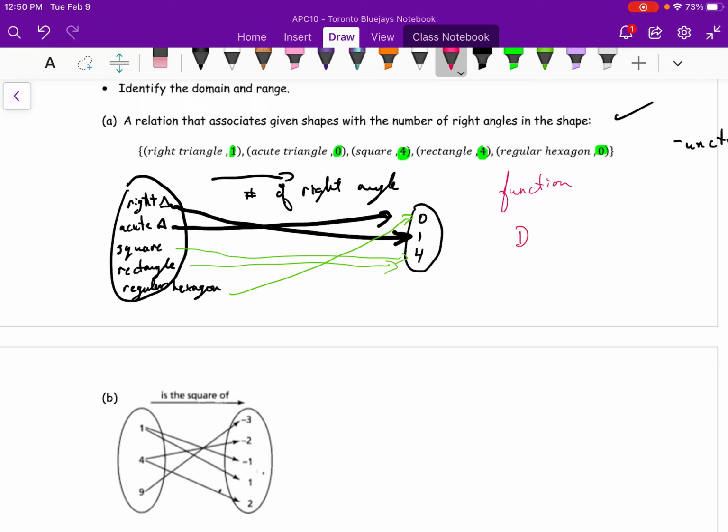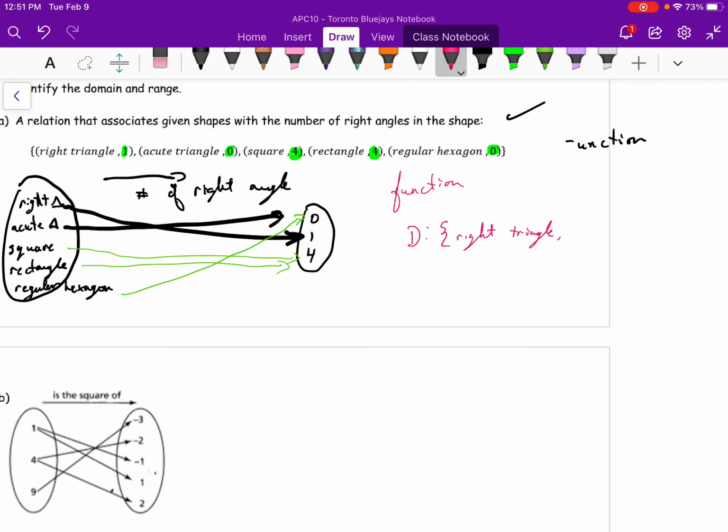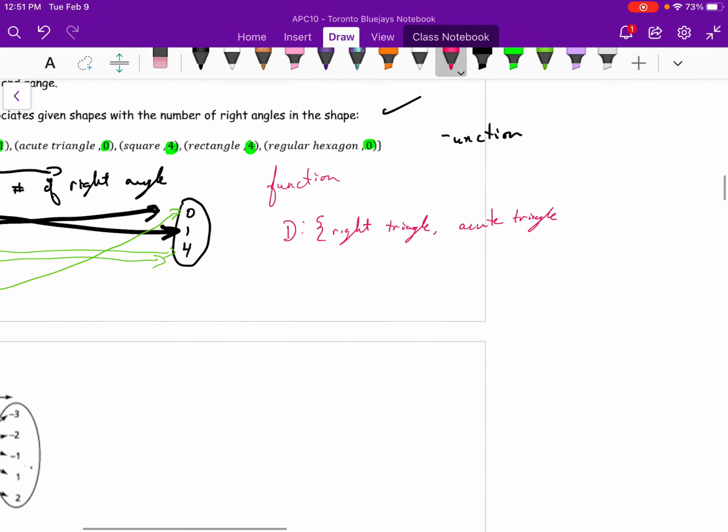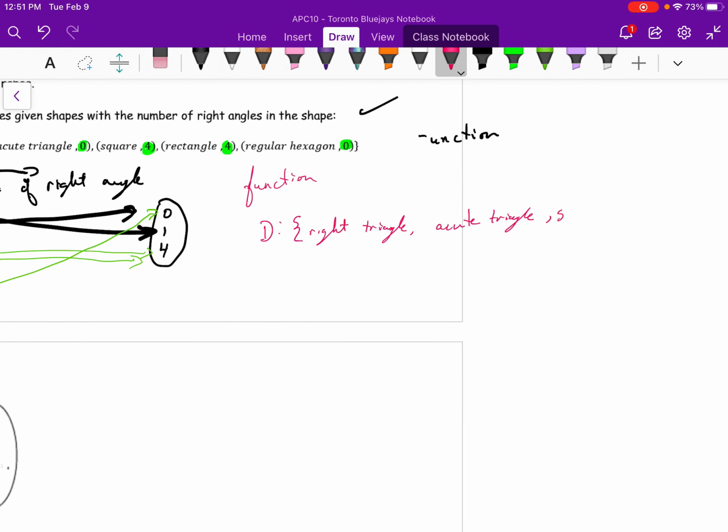The domain for this function would be right triangle, acute triangle, square, rectangle, and regular hexagon.